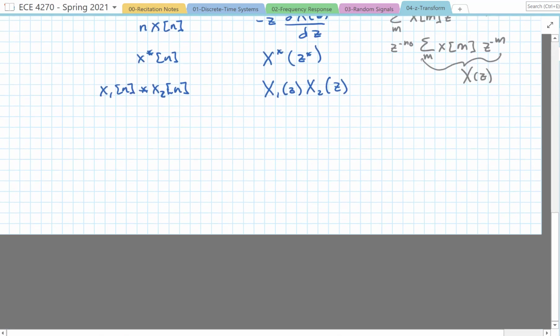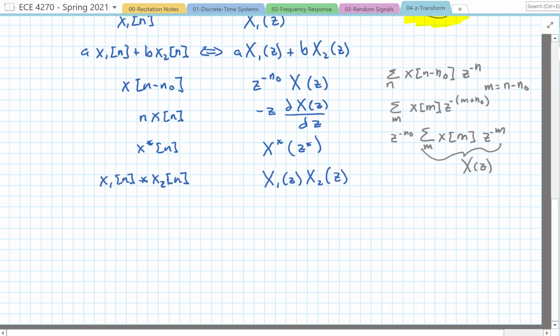Okay, I'm going to go through one more example. I think we might have to go on to the next page here. Actually, I bet we can fit it right here, just for convenience. So let's take the Z-transform of x1 convolved with x2.